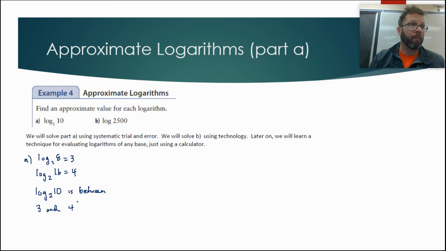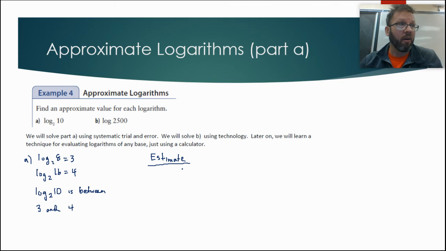That's our starting point. So let's just get started here. Our first estimate makes sense if it's between 3 and 4, why don't we try 3.5? And then just check. What's 2 to the power of 3.5? Let's see how close we get.